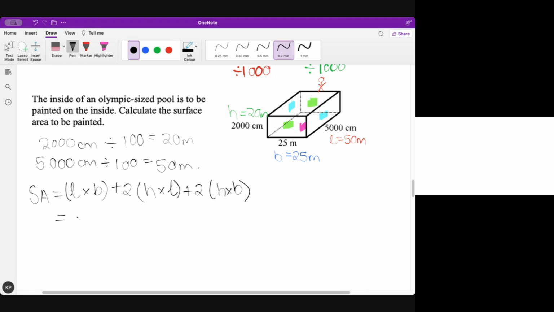So let's substitute. 50 times 25 plus 2 times 20 times 50 plus 2 times 20 times 25. Great, let's get working. What's 50 times 25?